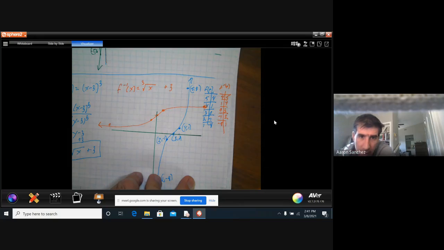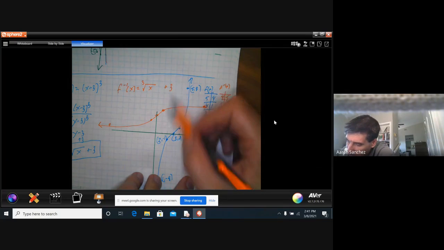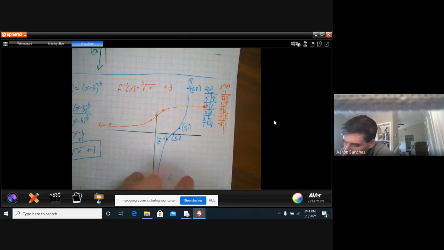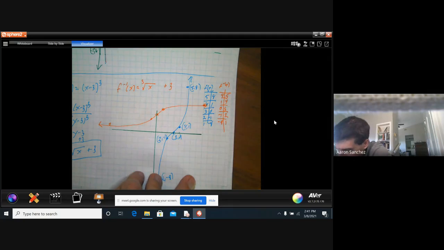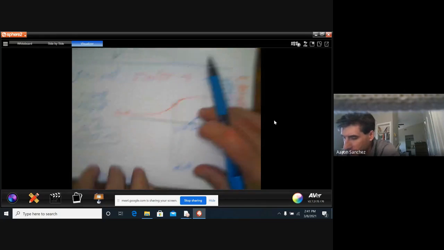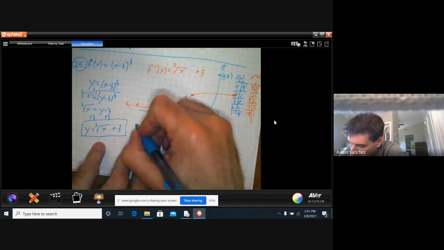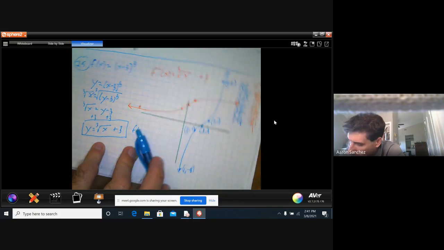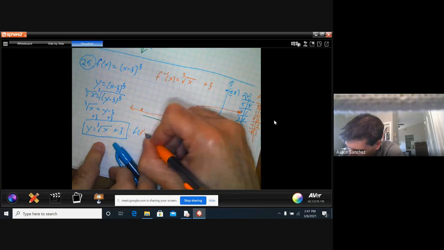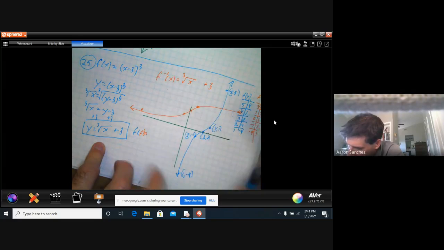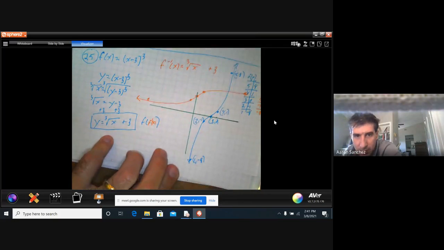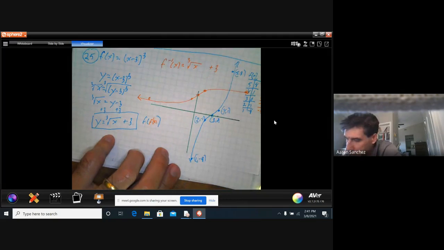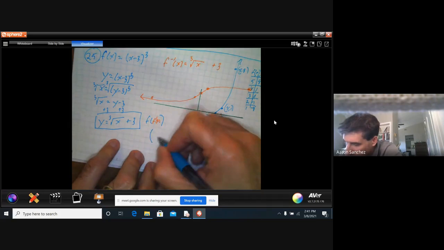Of course, the plus 3 is the k of 3. Look at that. That's the same. And remember, to see if they are inverses, we plug f inverse of x inside the f of x, and it should become x.